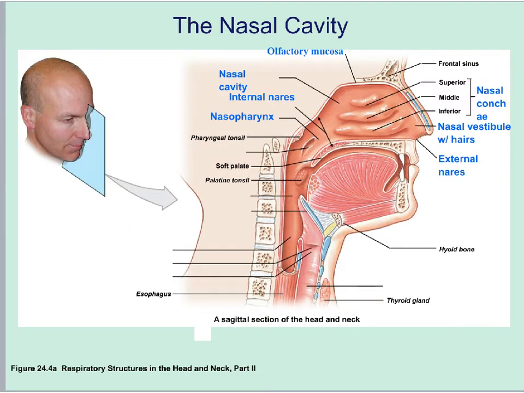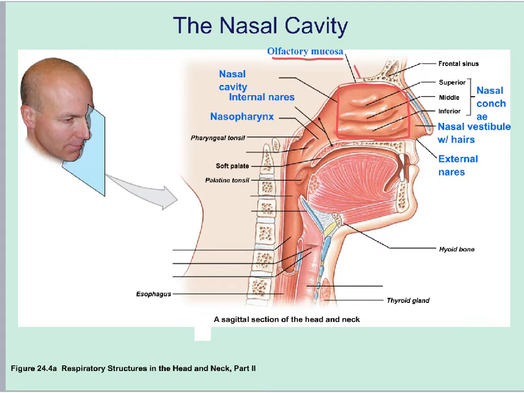Okay, so now that we've gone over the types of epithelial tissue that line the different regions of the conducting zone, let's go back to the beginning to what we call the nasal cavity. And we can break that up into some different areas here, where this main area is referred to as the nasal cavity proper, and the epithelial tissue that lines that nasal cavity proper is referred to as the olfactory mucosa.